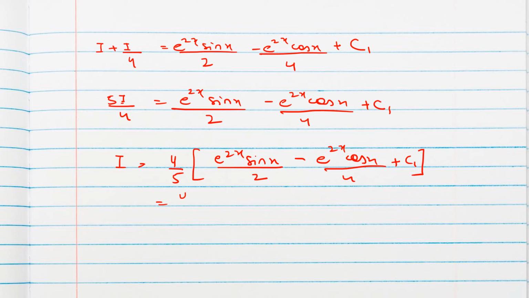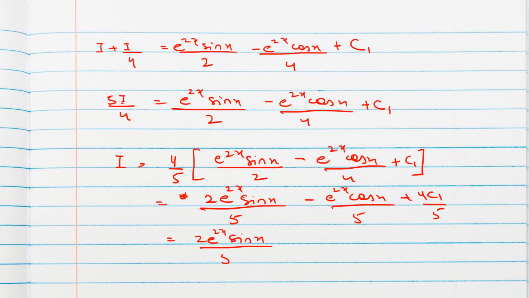So 4 by 5 multiplied, for this bracket the first term will be 2 e power 2x sin x by 5, and here e power 2x cos x by 5, plus 4c1 by 5. Then you can write this as c, where c is 4c1 by 5.